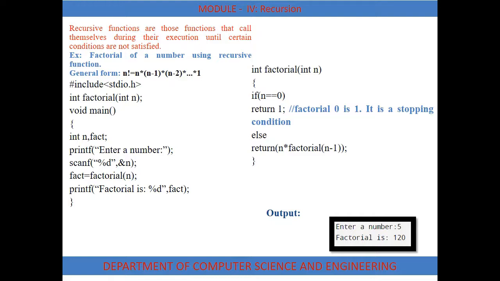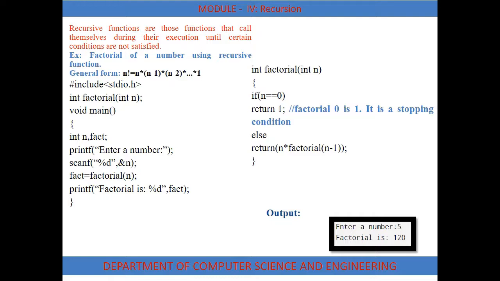Here it is written 5 into factorial of 4. Again for this 4, check the condition. Is 4 equal to 0? No. Again jump to the else part, that is, n into factorial of n minus 1. Now factorial of 4 is replaced by 4 into factorial of 4 minus 1, that is factorial of 3.